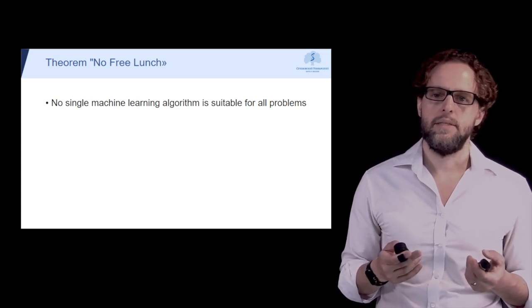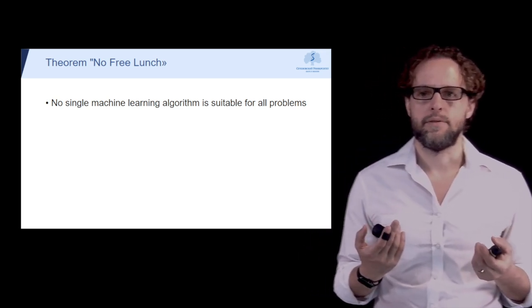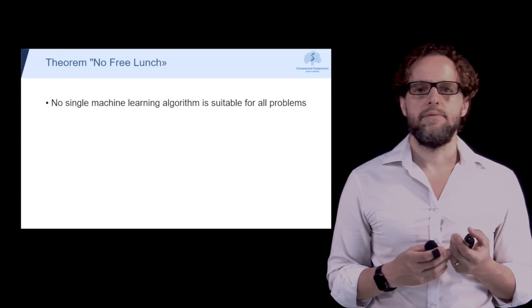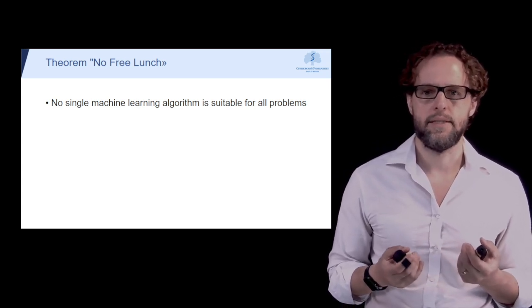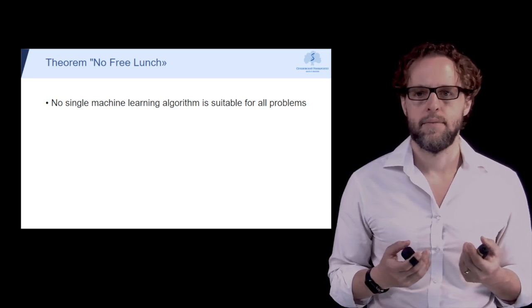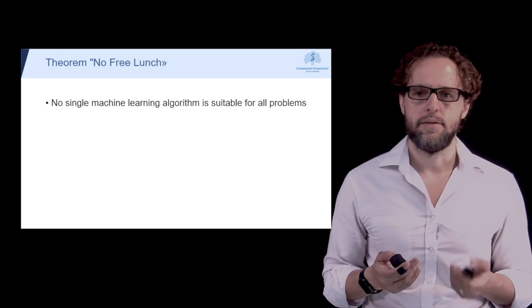The theorem is of fundamental importance. Of course, there are specific problems that can be solved by specific algorithms selected for these tasks, but it's impossible to generalize the selection method.